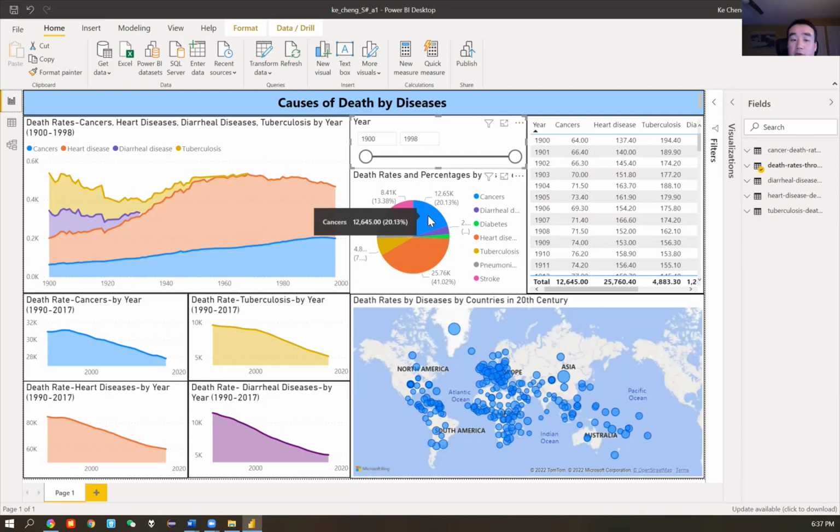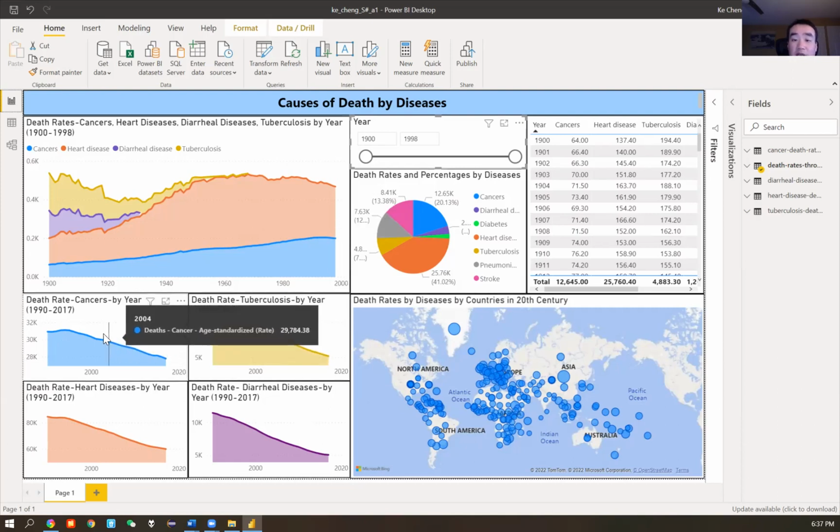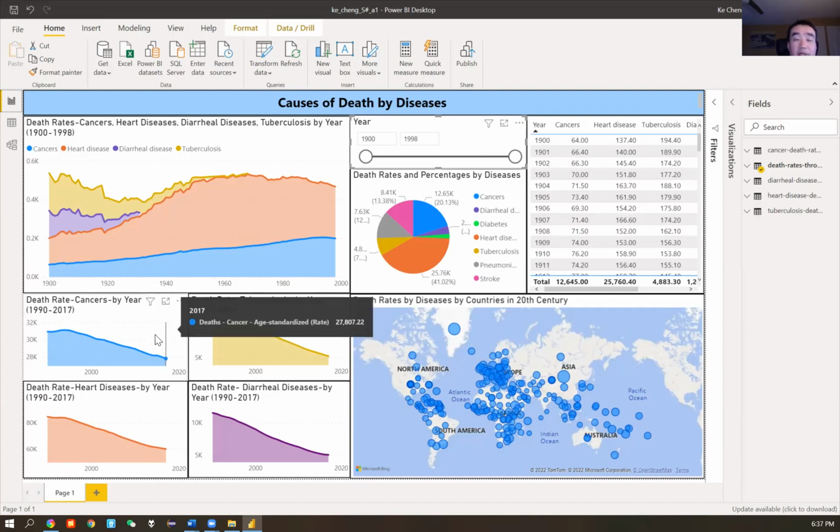And the good news is all the death rates of major diseases keep declining during the recent 27 years. We can get the optimistic result that humans will defeat these killers in the future. But maybe the time would be very long.